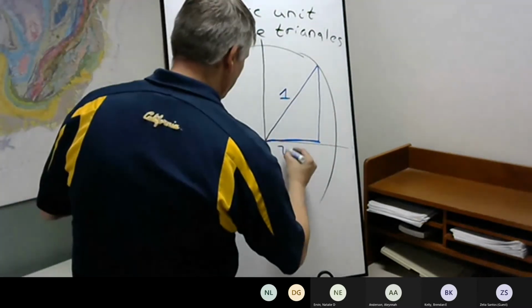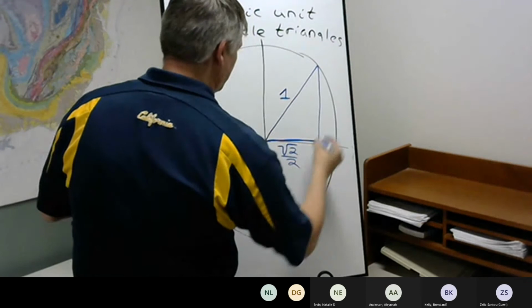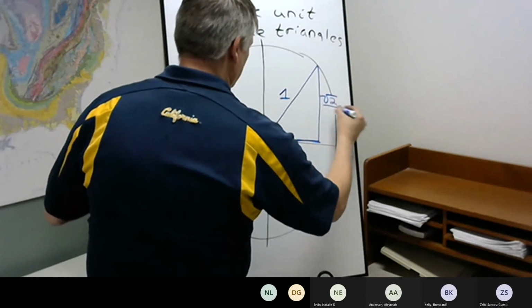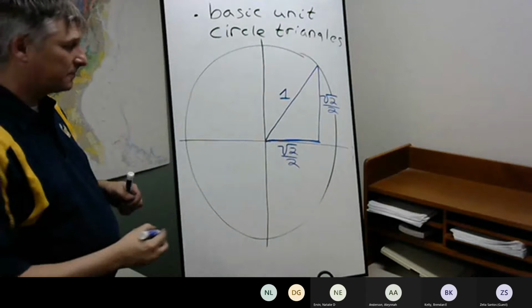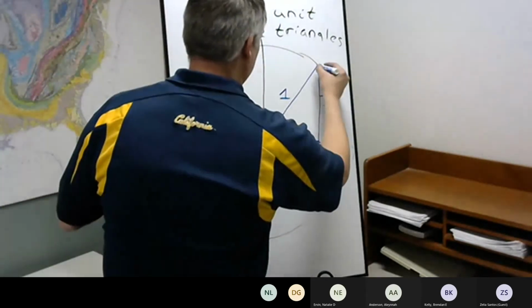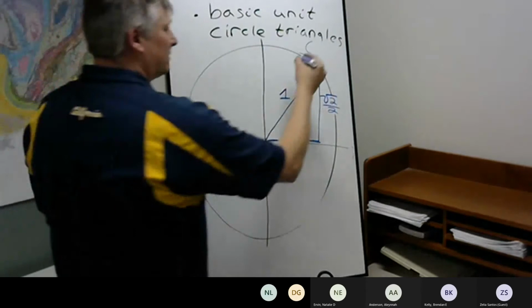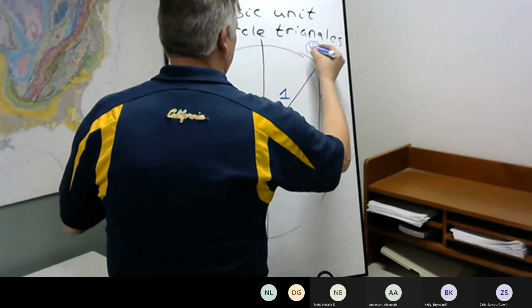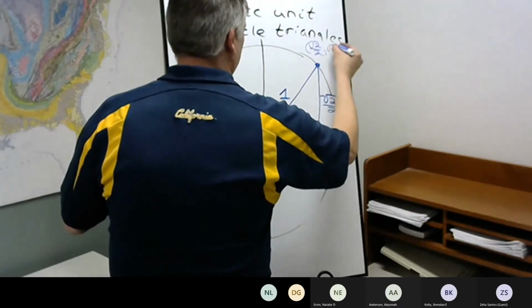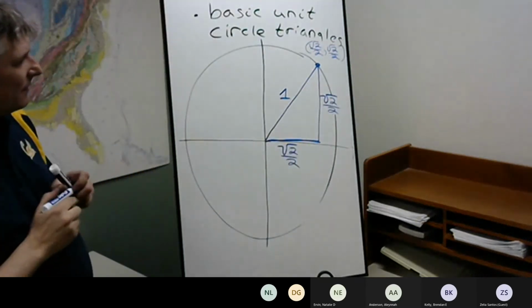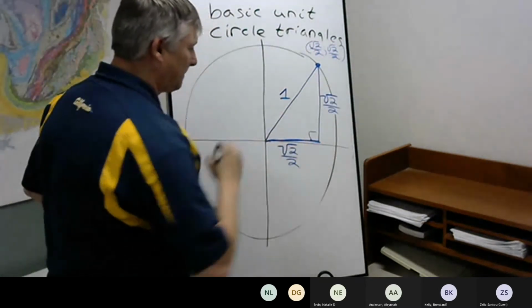One, rad 2 over 2. Rad 2 over 2. So you get an xy coordinate, rad 2 over 2, rad 2 over 2. That's 90 degrees.